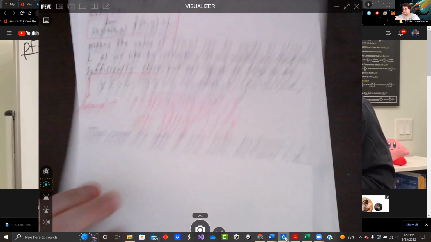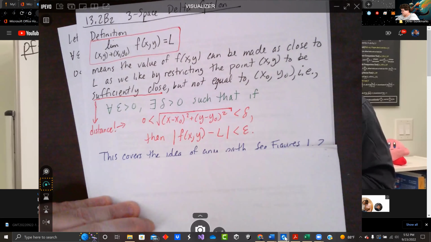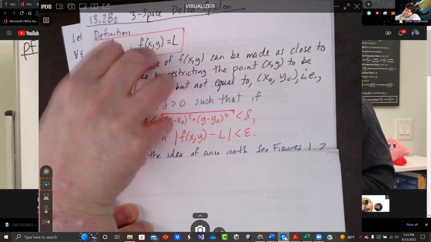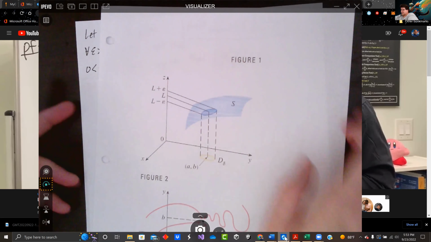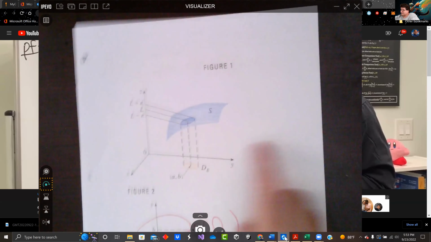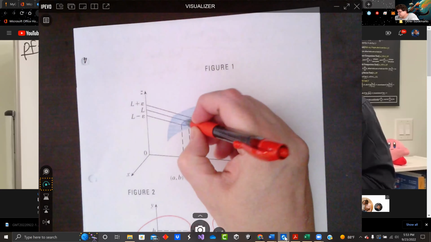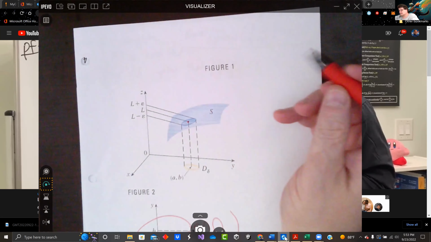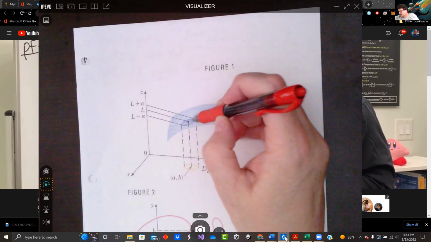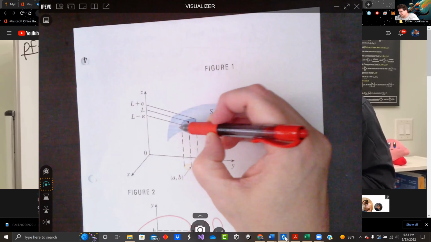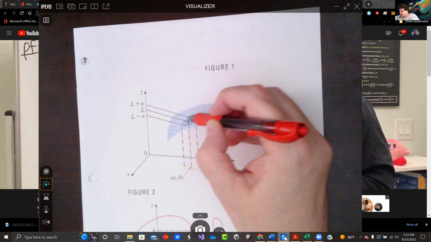Get a better idea of what that means. We've got some surface here. We've got some point here. This curve doesn't show well, but the L minus epsilon is anywhere along this border.